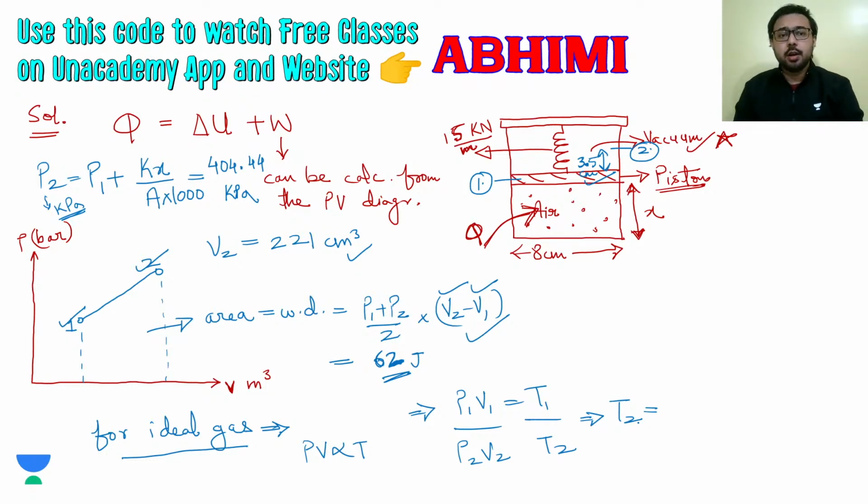Because we have to find this change in internal energy, which is mCV delta T. And P1 is 300 kilopascals, V1 is 45 centimeter cube, and then we have P2, which is 404.44 kilopascal, V2 is 176, and then we have this T1 of 20 degrees Celsius, but we are not going to put that as 20 degrees Celsius. Instead we are going to put that as 293 Kelvin.